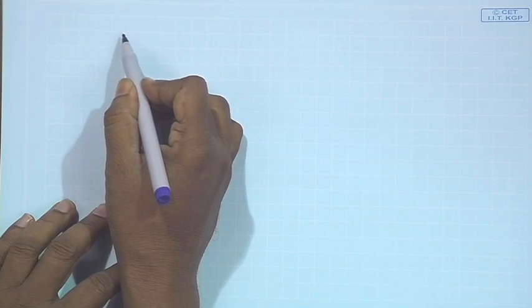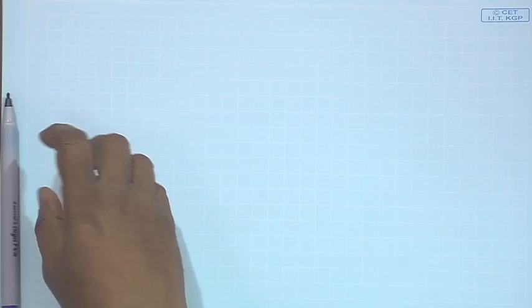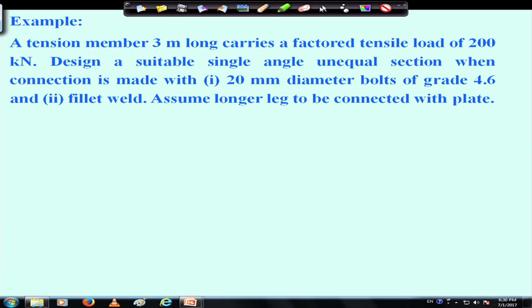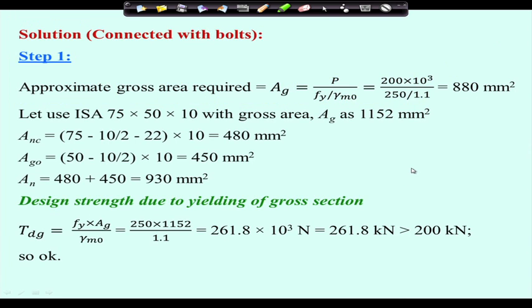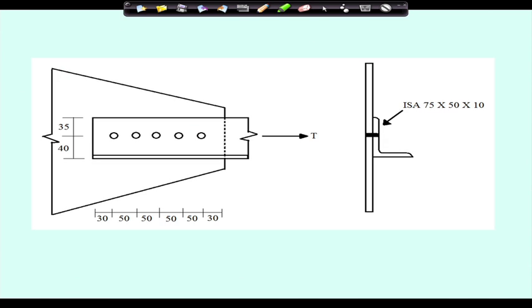So, in fact, we should remember that when we are going to design, we have to give a diagram. That means, unless we make a diagram, it is not complete. So, I can show the diagram this.